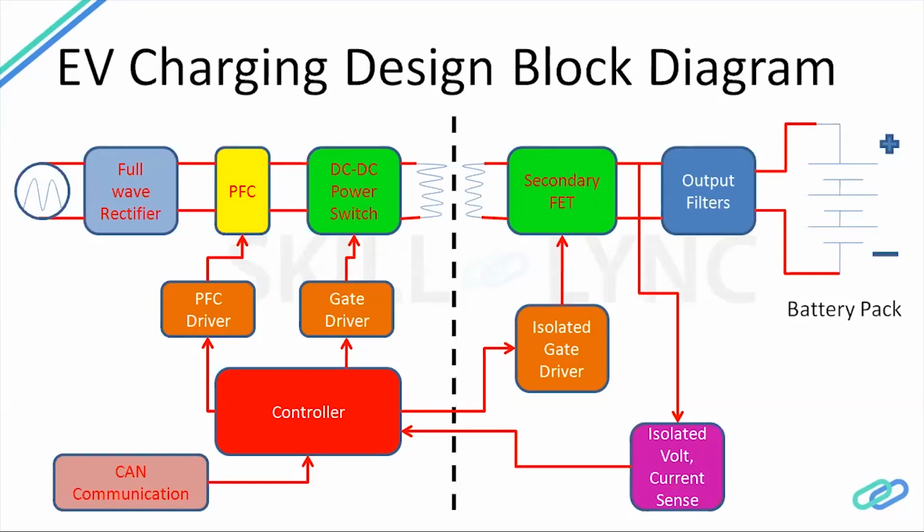Now this DC section would be an isolated one. Generally all the electric vehicle chargers are isolated chargers. Isolation means that the input side and the output side are isolated majorly with transformers, or basically we can say they are magnetically isolated systems.